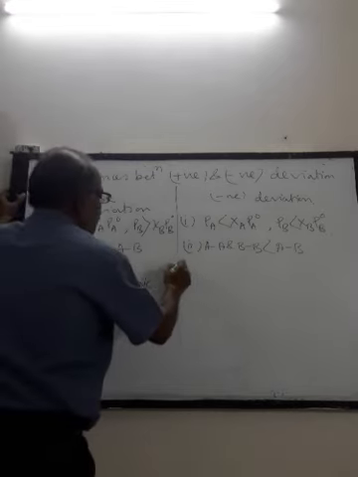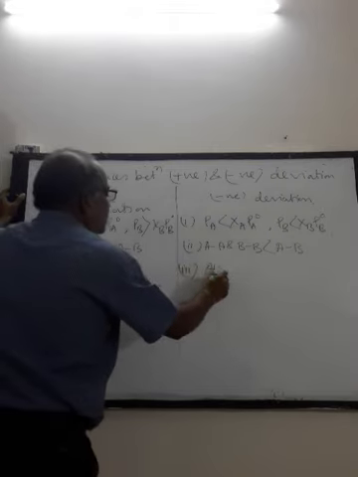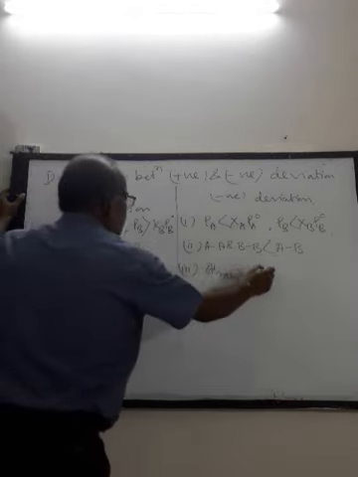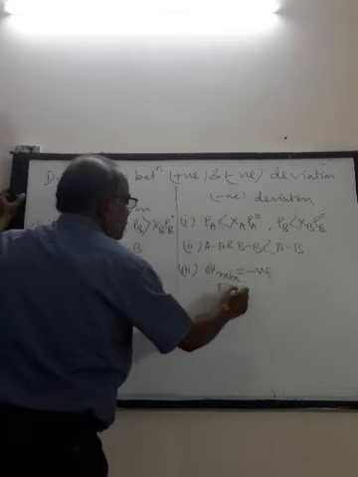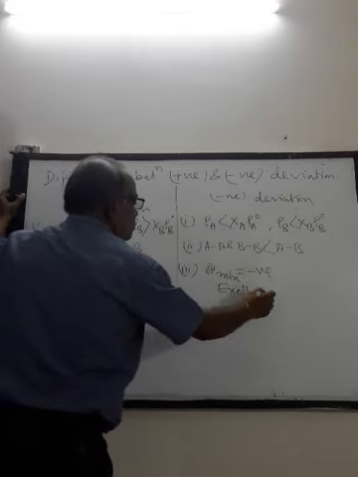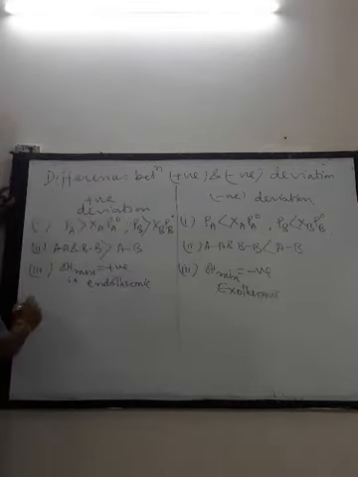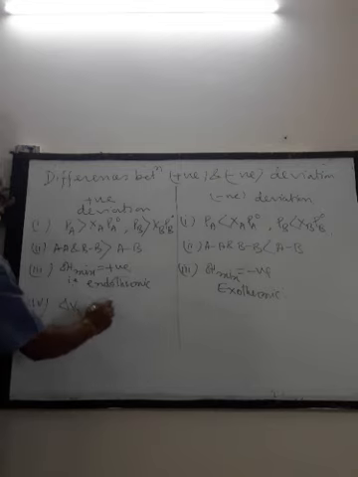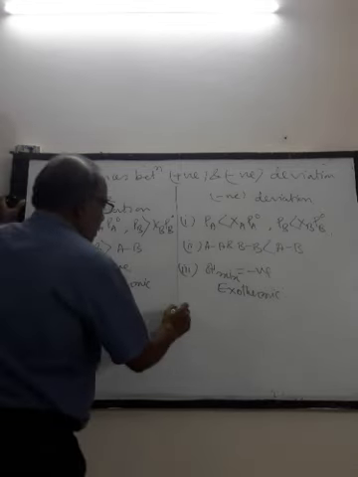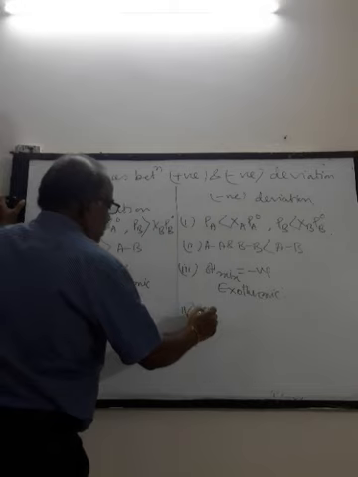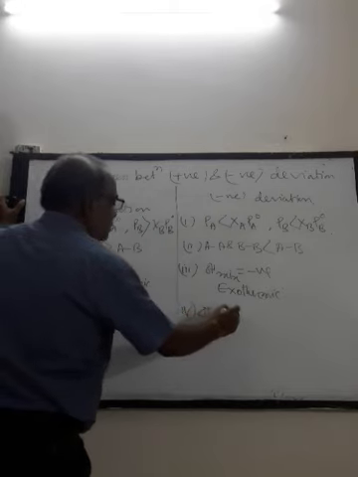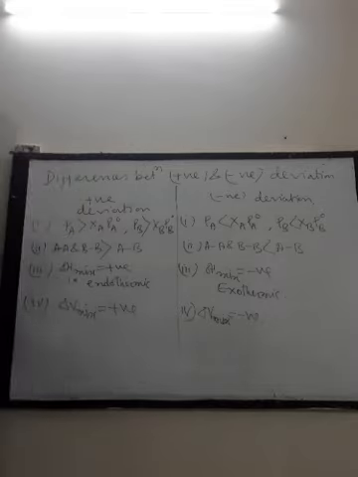Here, enthalpy of mixing is negative, that is exothermic. And finally, volume change on mixing is increasing, that is positive, and here volume change on mixing is decreasing, that is negative. So these are four differences between positive deviation and negative deviation from Raoult's law.